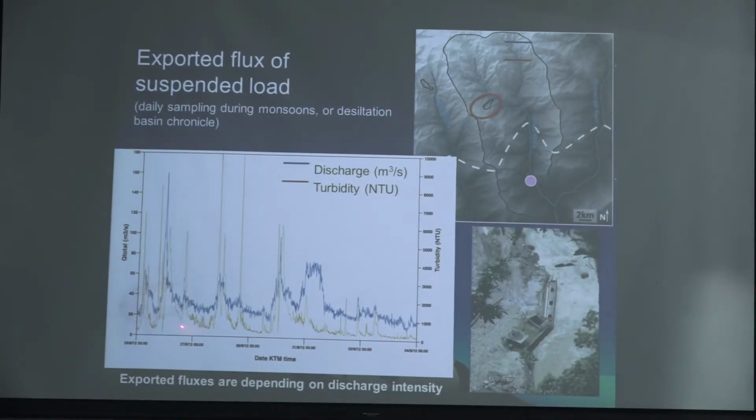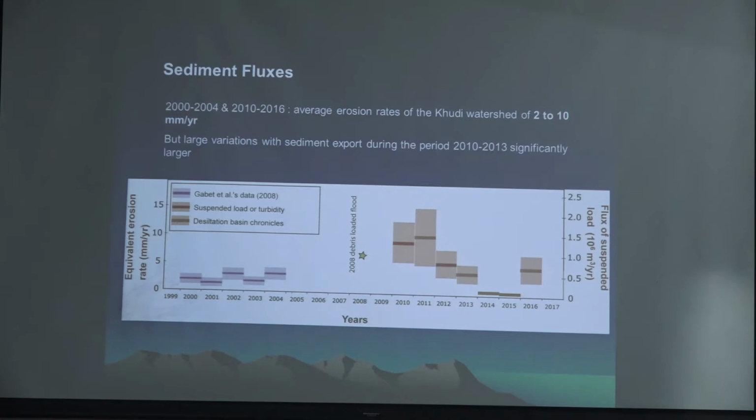So in that case, for example, this is a record of the discharge in blue, and we also install a turbidity sensor to track the concentration or the turbidity of the water during monsoon. And by integrating this sediment chronicle over the monsoon, you can get a volume of sediments that go through your structure.